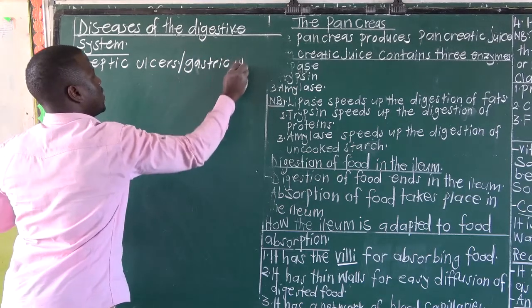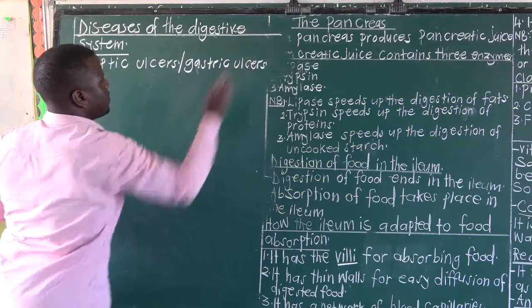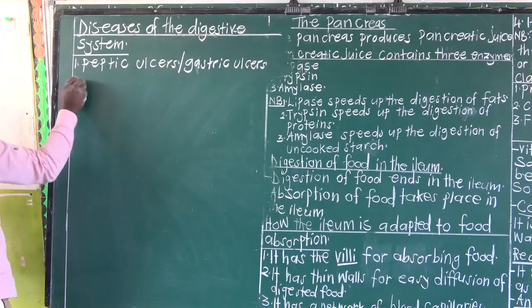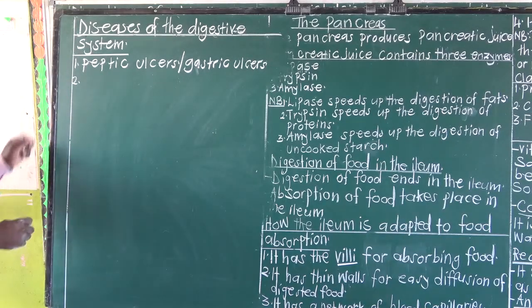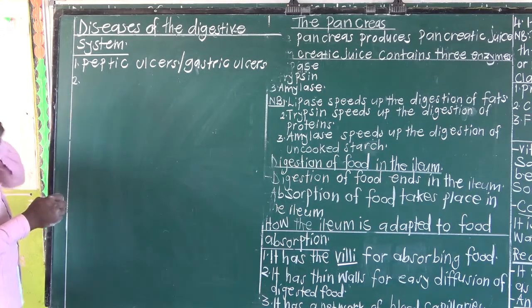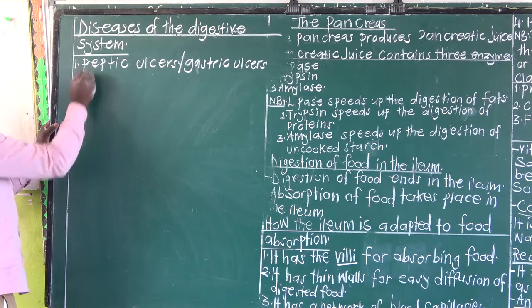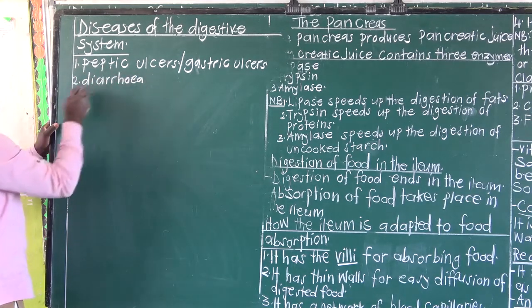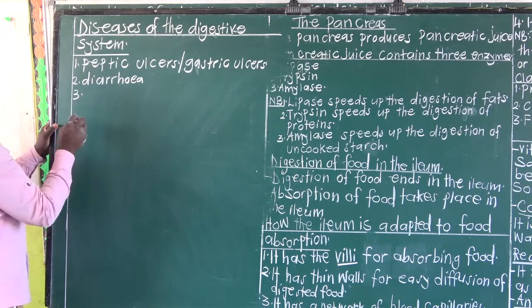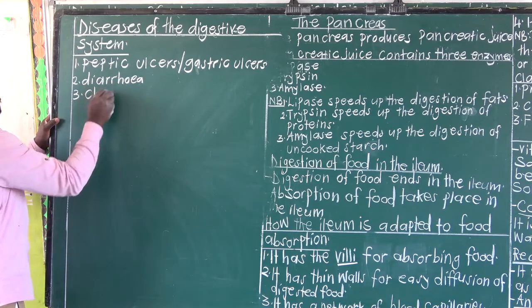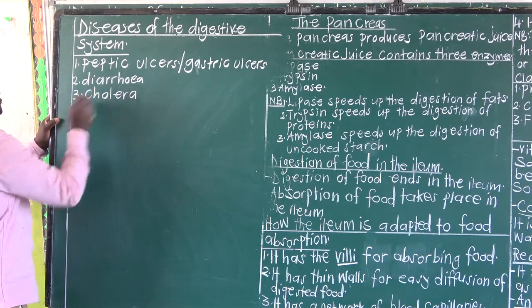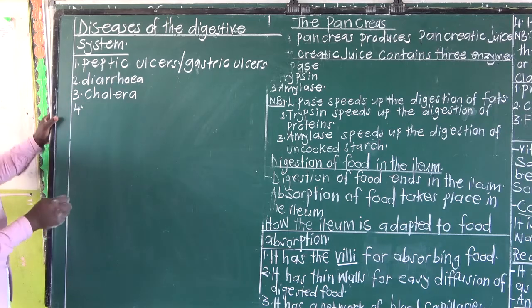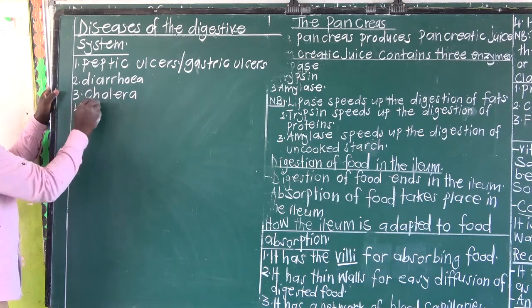Then number 2, we have diarrhea. Number 3, we have a disease called cholera. Number 4, we have a disease called typhoid.